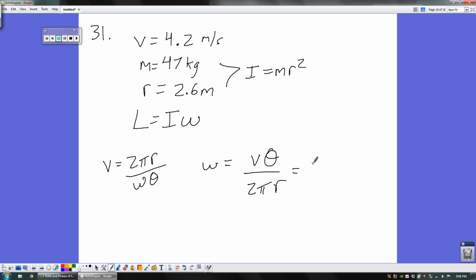That's 4.2 times 360 degrees divided by 2 times pi times a radius of 2.6 meters. I'm just using parentheses to make sure the calculator understands what I'm asking of it. And I get 92.6 degrees per second as my angular velocity.